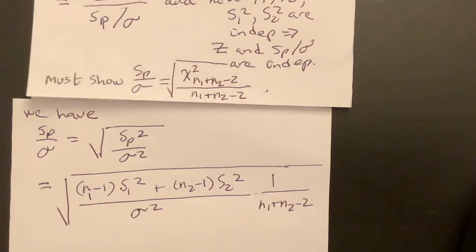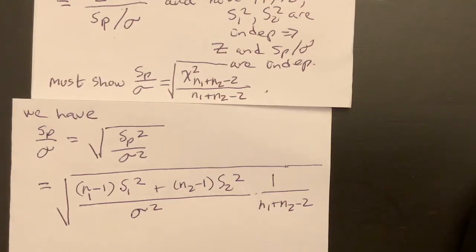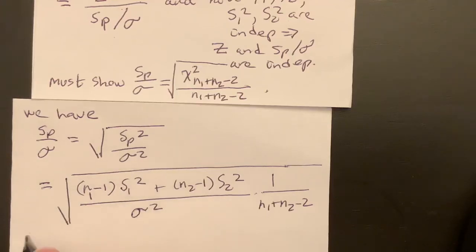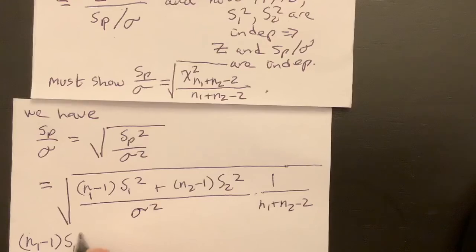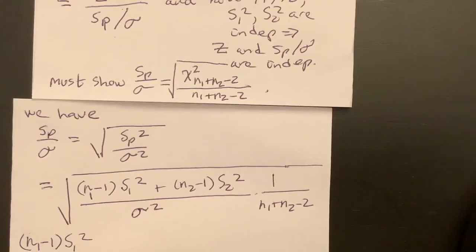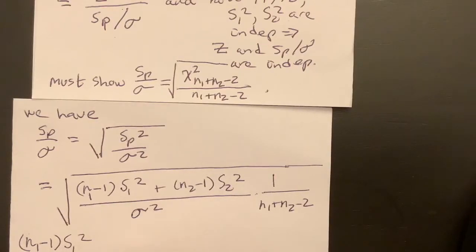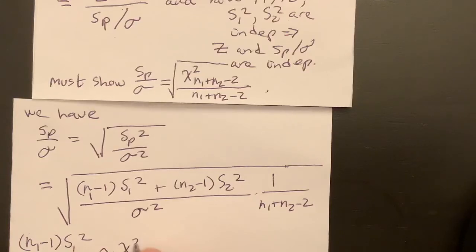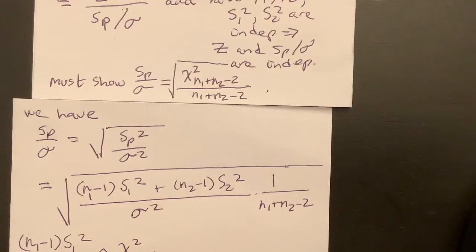Okay, very good. Well, these each are chi-squared. So n1 minus 1 times S1 squared over sigma squared, we showed earlier, is chi-squared with n1 minus 1 degrees of freedom.